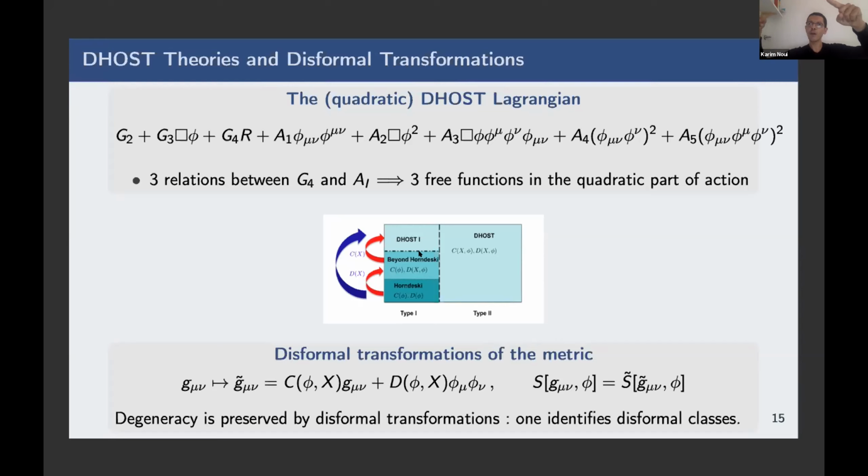So, if you want to say it differently, all those theories coupled to matter fields are equivalent to Horndeski plus a non-minimal coupling to matter. Yeah, okay. So in that sense, they are equivalent to Horndeski. Yeah, but up to some maybe weird coupling to matter.